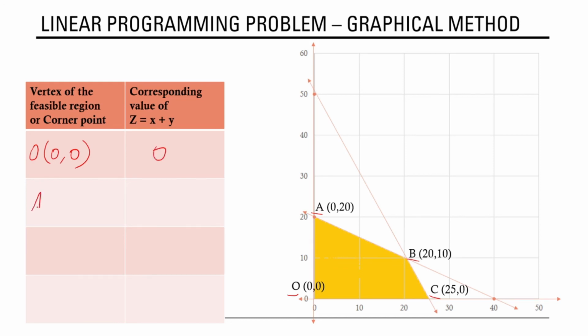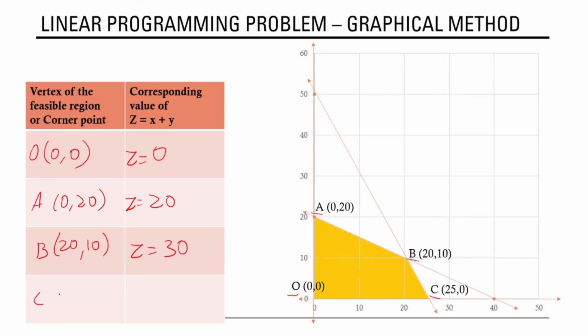Next one is A, (0, 20). The value of Z corresponding to (0, 20) is 0 plus 20, so it is 20. The next point is B, (20, 10). The value of Z corresponding to (20, 10) is Z equal to 20 plus 10, it is 30.